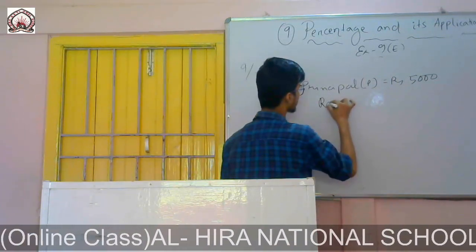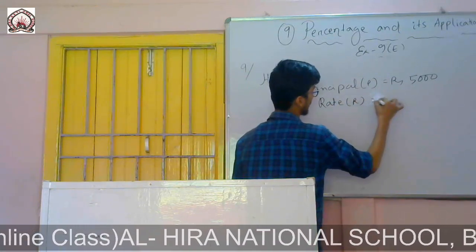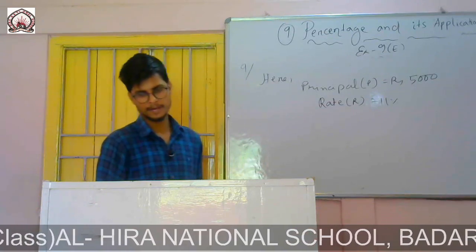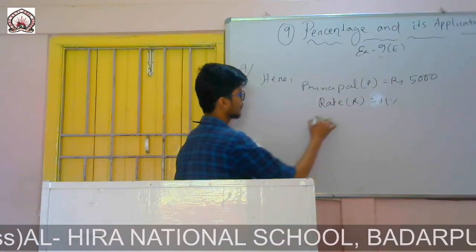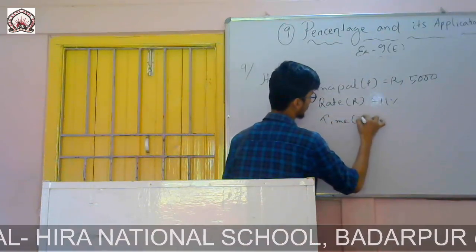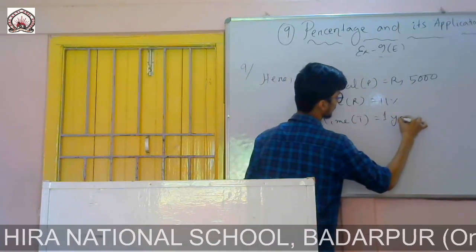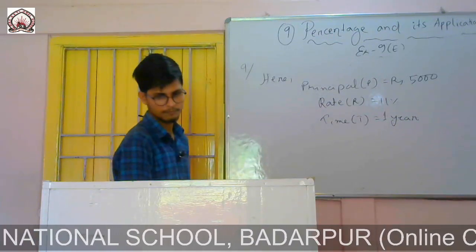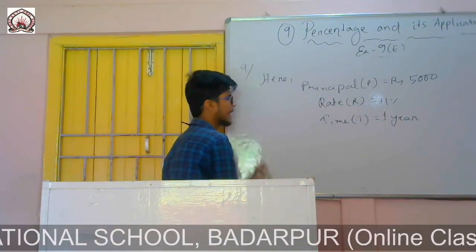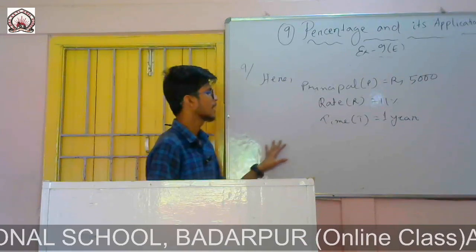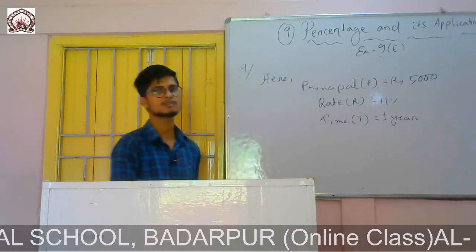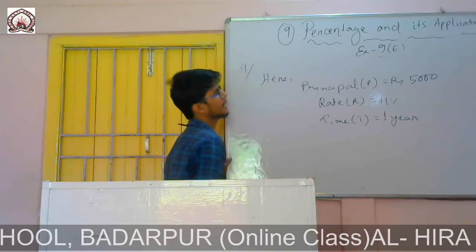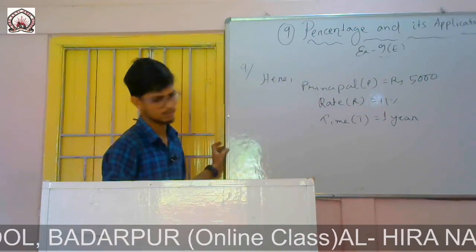Rate is given as 11%. And time T is 1 year. So first of all, we will find the SI. The question is that the interest of this principal will be used to award a scholarship. That means simply if I find the SI, I will divide it by how many students? 10 students. So I will divide it by 10.